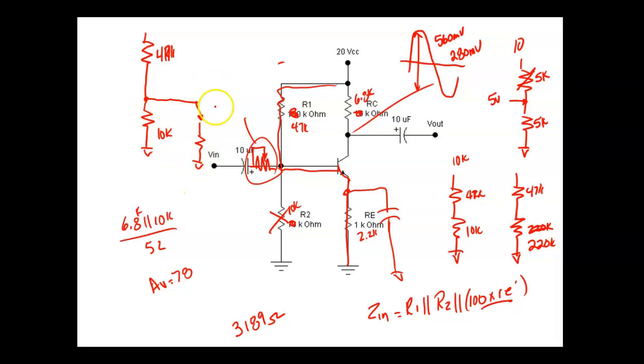As soon as we go through that times beta, we're assuming a beta of around 100. We call it the 10-to-1 rule, and we proved that the other day. Let's say this is 10K. Well, let's just do this: let's say I have a 10K in parallel with 100K.